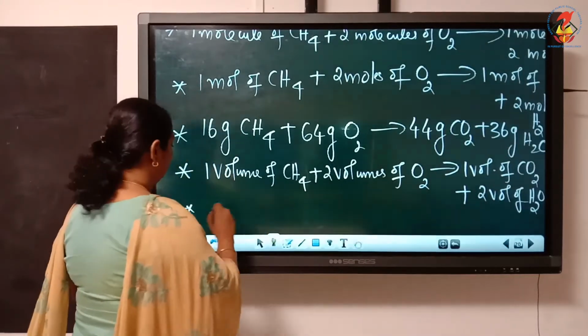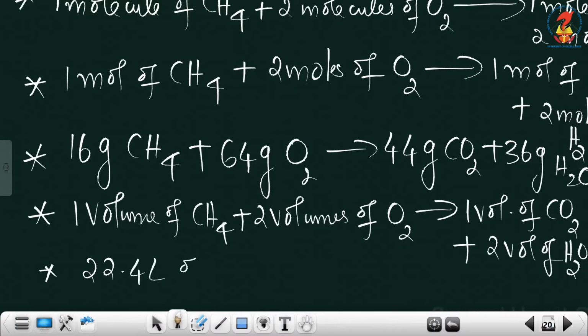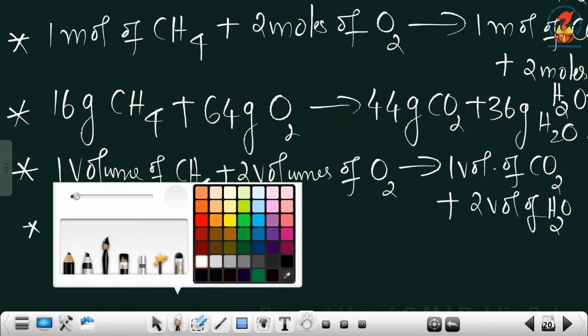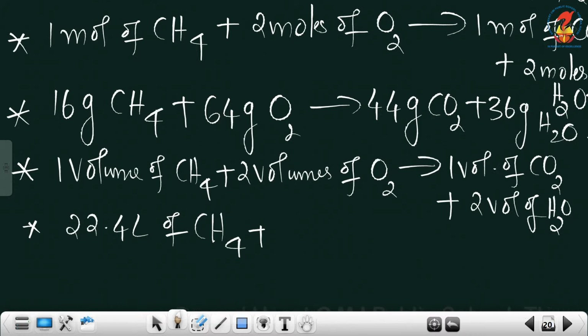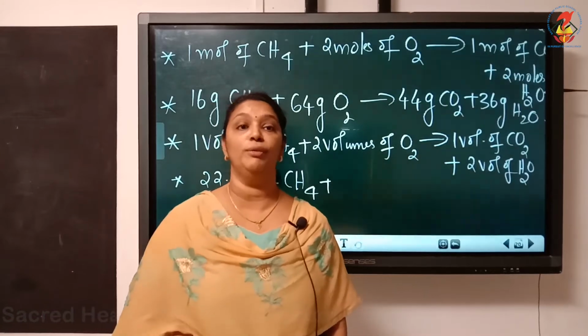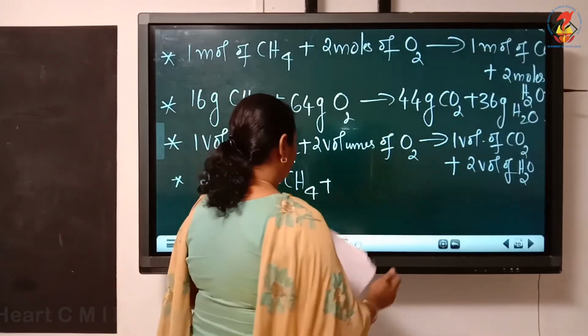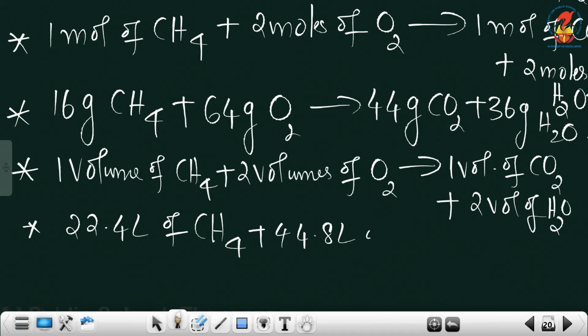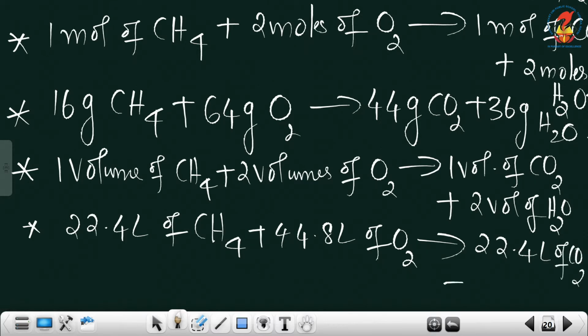So, I can write 22.4 liters of methane combined with 2 volumes of oxygen, which means 2 into 22.4 liters of oxygen, equal to 44.8 liters of oxygen, to give 22.4 liters of carbon dioxide plus 2 volumes of water vapor, which means again 44.8 liters of water.